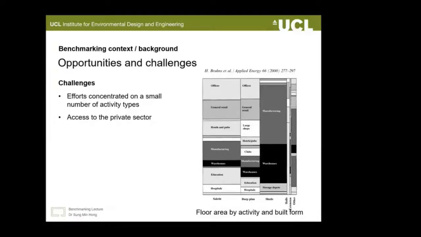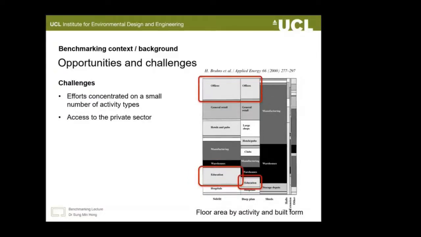Another challenge we're noticing at the moment is that most of the research projects or benchmarks tend to focus on a very small number of activity types. As you can see on the right-hand side, for example, this is a distribution of floor area by activity and build form of the non-domestic building stock.